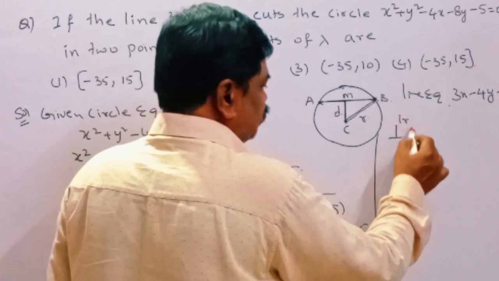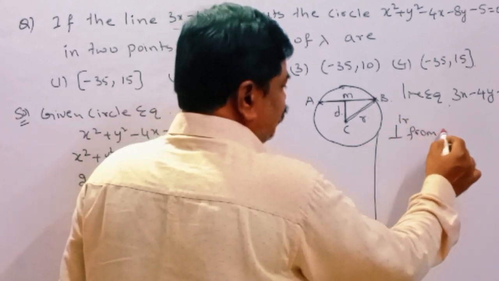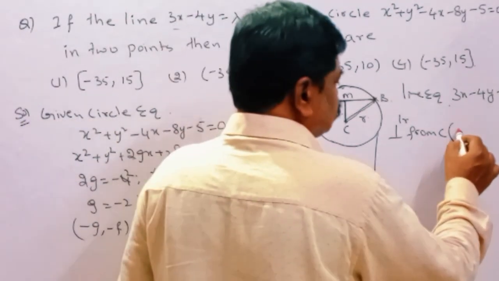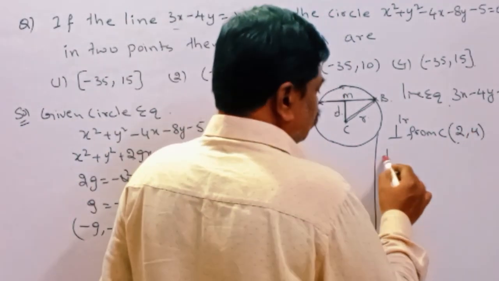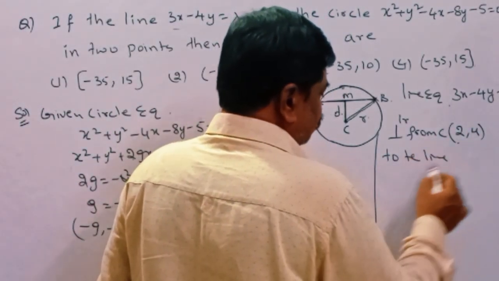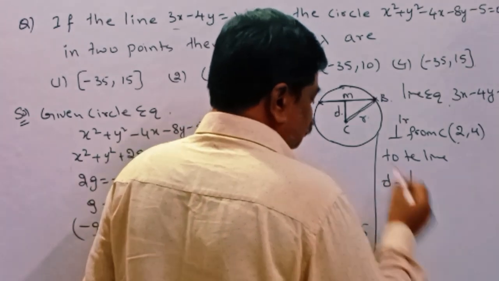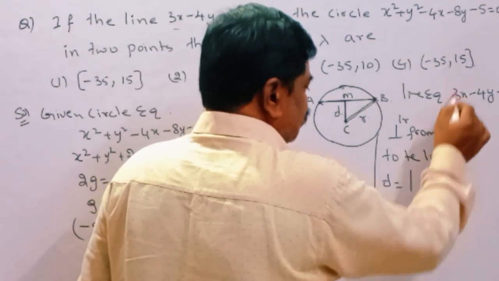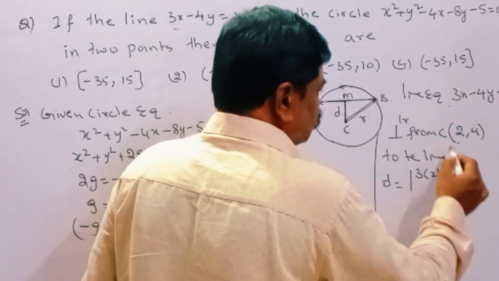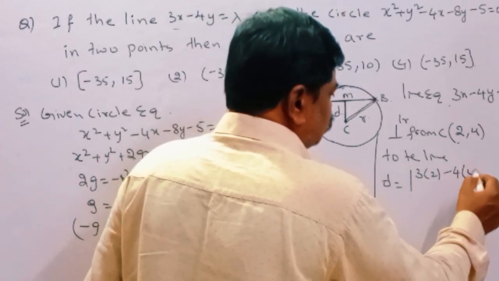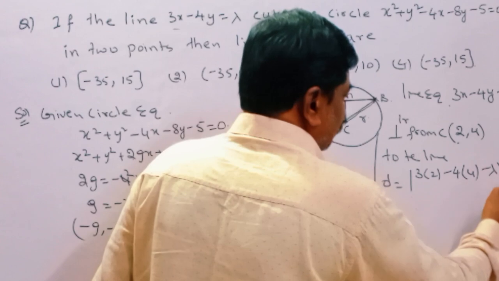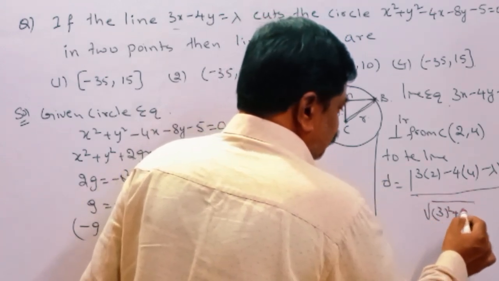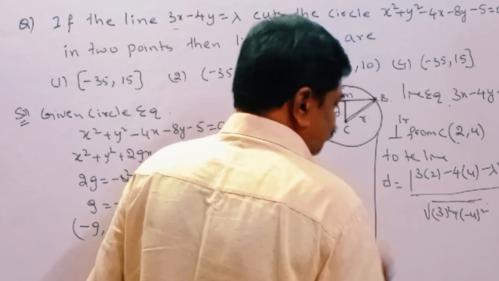Perpendicular distance from center 2 comma 4 to the line, D is equal to modulus of 3 into 2 minus 4 into 4 minus lambda by root over 3 square plus minus 4 whole square.